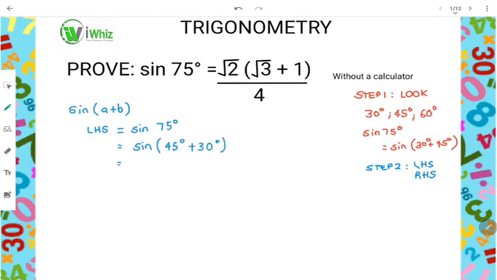That's going to be equal to the compound angle formula, which gives us sine A, which is 45 degrees, cos B, which is 30 degrees, plus cos A, which is 45 degrees, sine B, which is 30 degrees. Let's go ahead and calculate that.